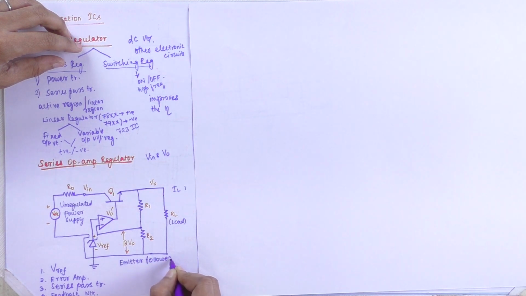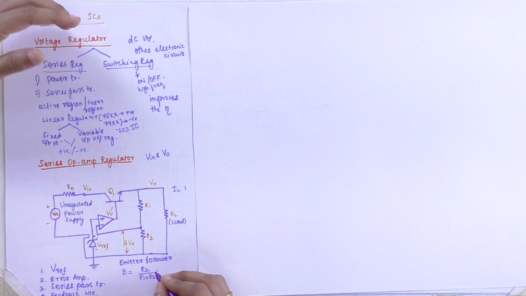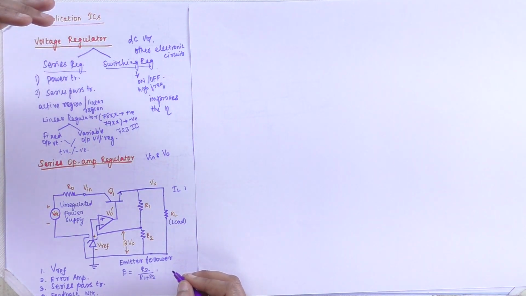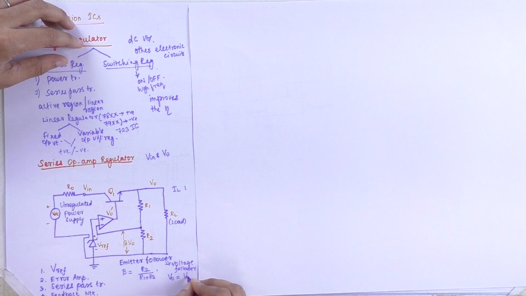In this emitter follower circuit, in the feedback condition, I can write the relation beta as the opposite resistor divided by the sum of resistors R1 plus R2. We have studied this emitter follower in the case of the op-amp as a voltage follower circuit, so it is relevant to the voltage follower circuit. In that condition, I am making my output voltage V0 equal to V0 dash.